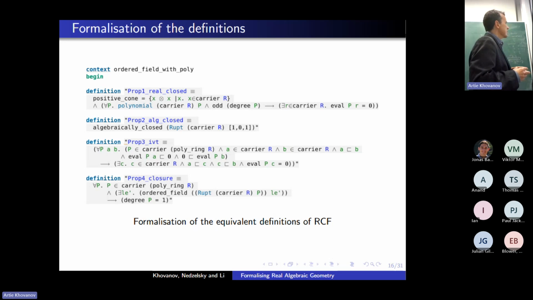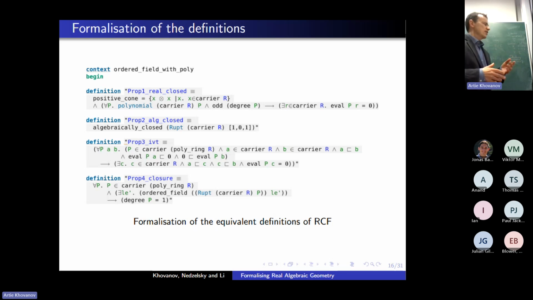And the fourth is a little bit of an unpleasant way to express it. I think I can make it more interesting using a local system, but I came up with this idea only 20 minutes ago. So for now, we have this not so good-looking formulation that for any polynomial, if the factor ring is actually an ordered field, then the polynomial should be of degree 1.